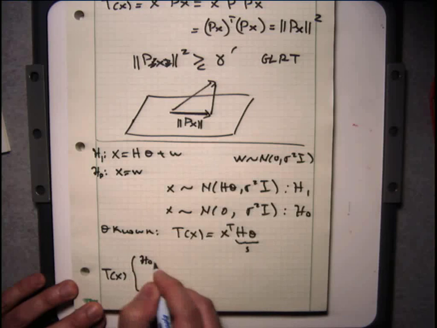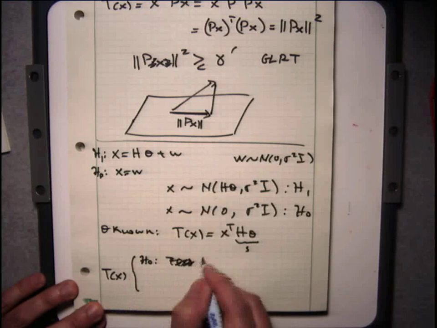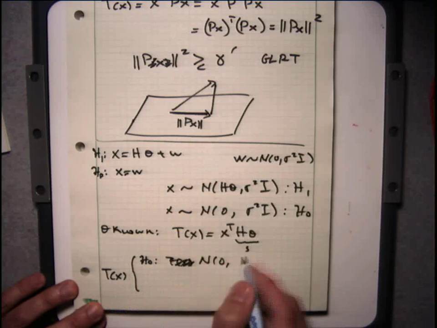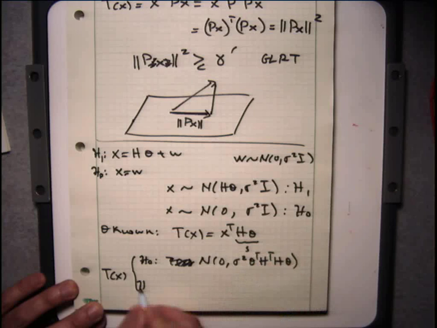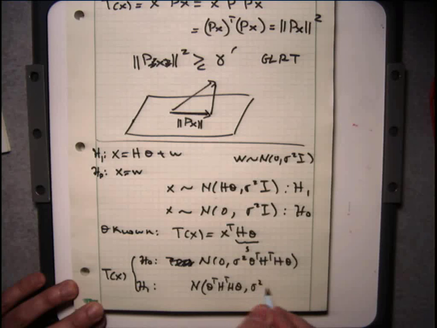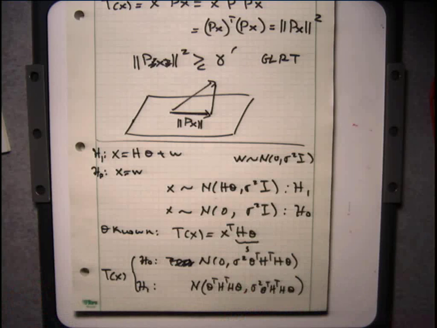Under h0, T(x) is Gaussian with 0 mean and variance sigma squared theta transpose h transpose h theta. And under h1 it is also Gaussian with mean theta transpose h transpose h theta and the same variance, sigma squared theta transpose h transpose h theta.